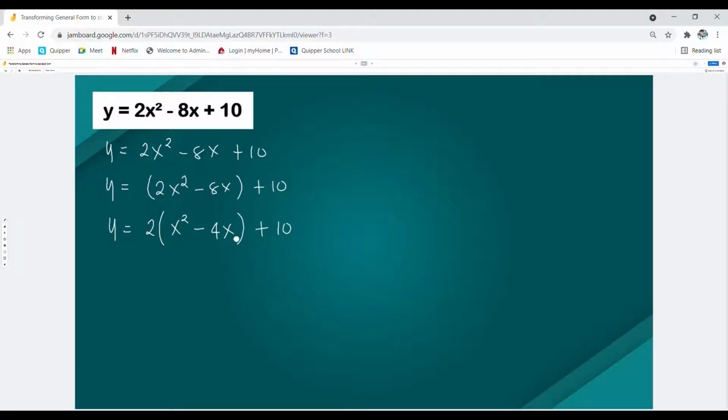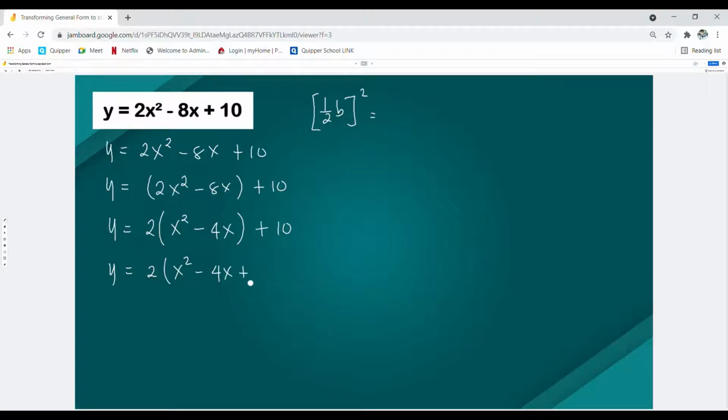Now you are ready to complete the square of the binomial inside. So what you will do is again use the formula 1/2 of b, and then raise it to the power of 2. In this example, our b is negative 4.